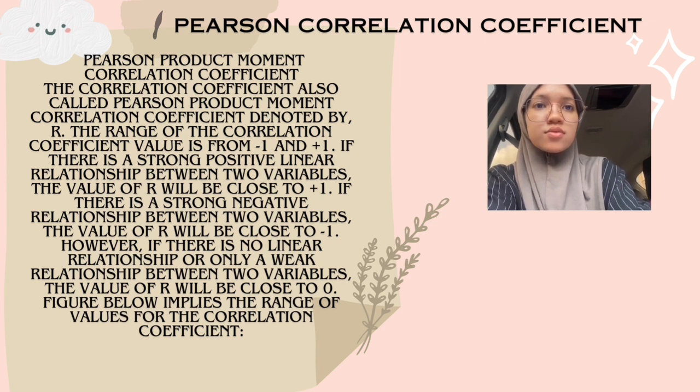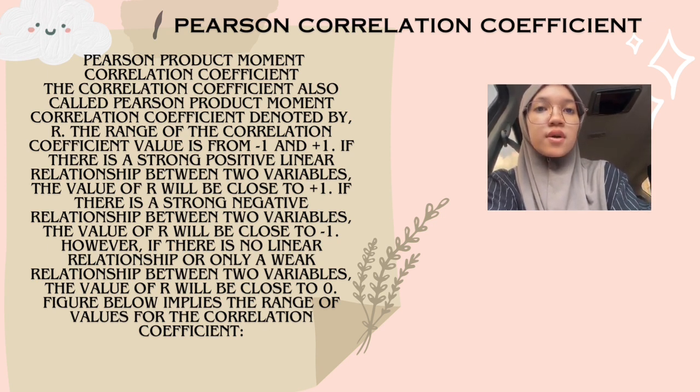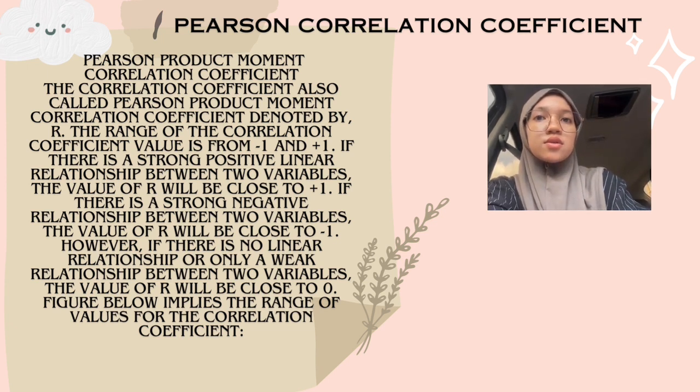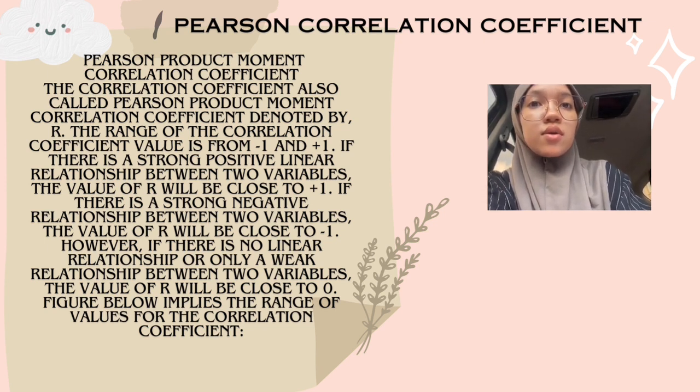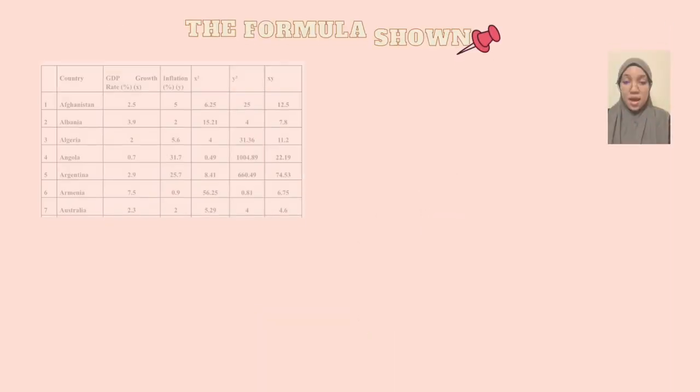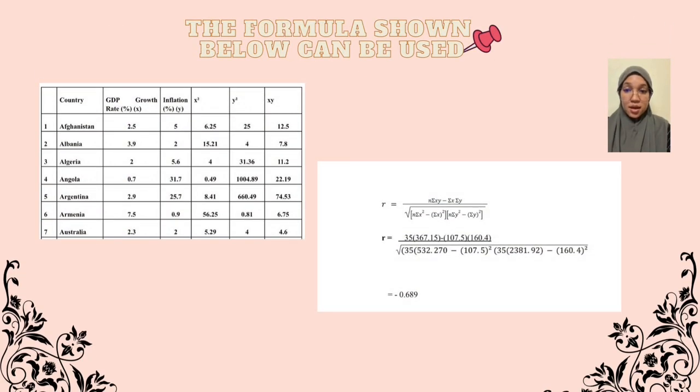If there is a strong negative relationship between two variables, the value of r will be close to -1. However, if there is no linear relationship or only a weak relationship between two variables, the value of r will be close to 0. Actually, the sample adds up to 35, but I only do half of it.